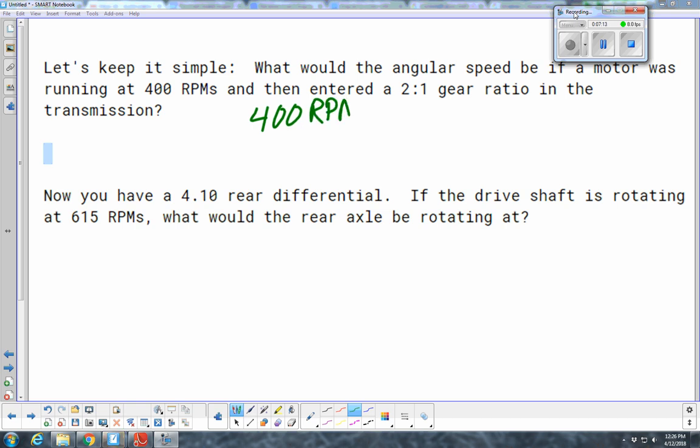And you're just going to divide it by the ratio. So you're not going to use the 2, like it's a 2-to-1. You're just going to divide by that front number. You're going to divide by 2. And that gives you your new angular velocity, which is going to be 200 RPMs in this case.